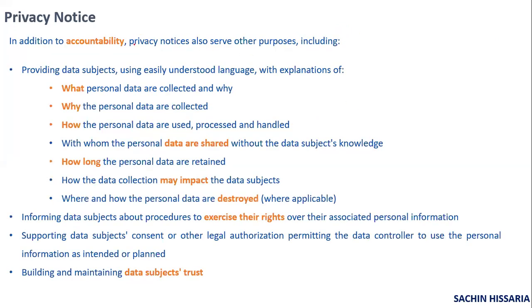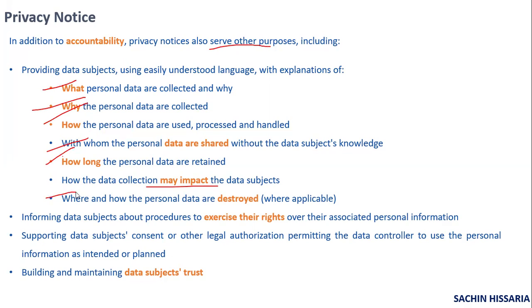In addition to accountability, privacy notices also serve other purposes. As we discussed, a privacy notice will provide you detailed information: what personal data is collected, why the data will be collected, how the data will be used, with whom the data will be shared, how long the company will retain the data, how the data collection may impact the data subject, and when your data would be destroyed.